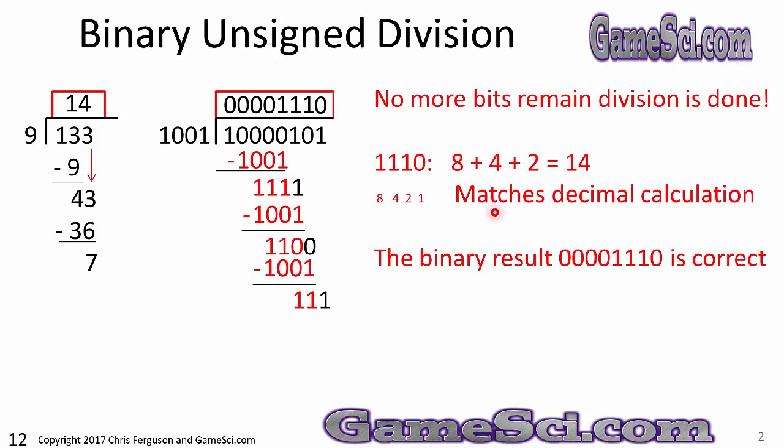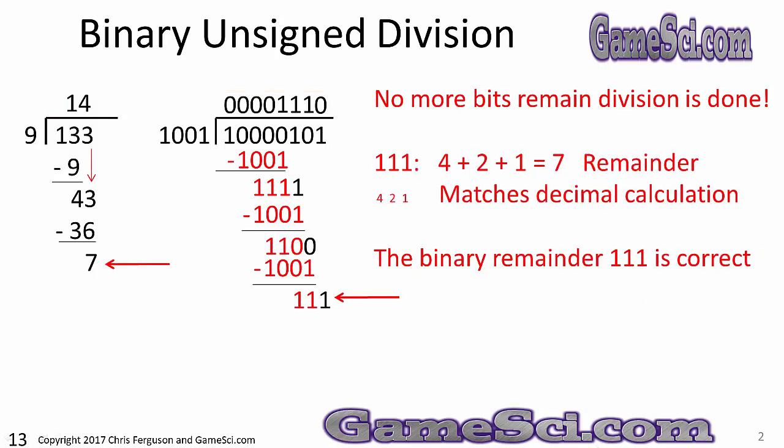That's 14, and it matches my decimal arithmetic. When I did binary division, I got the same result as my decimal division. I'm feeling pretty good about my result. The binary result of 00001110 is correct because it matches my decimal division.